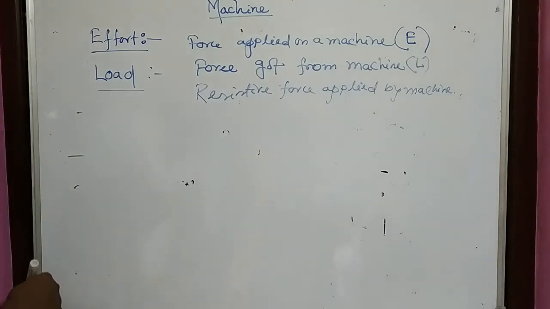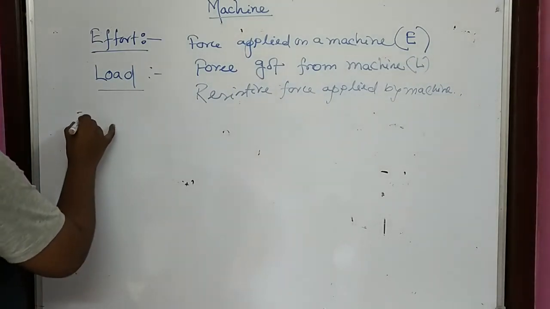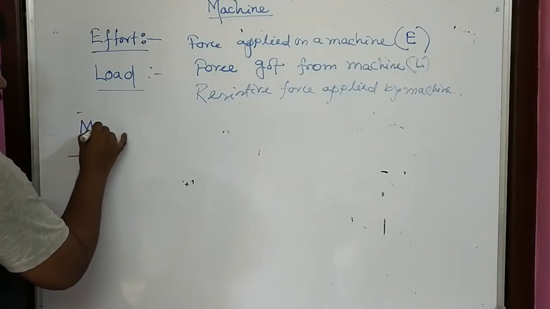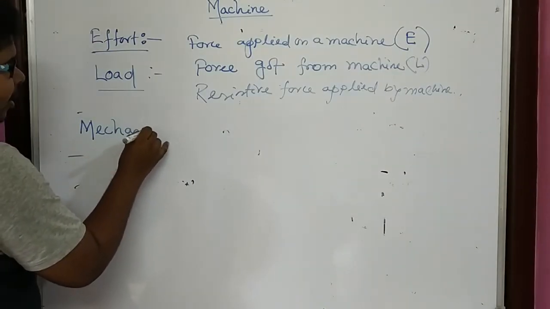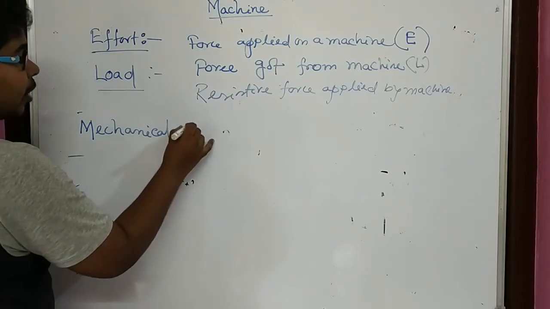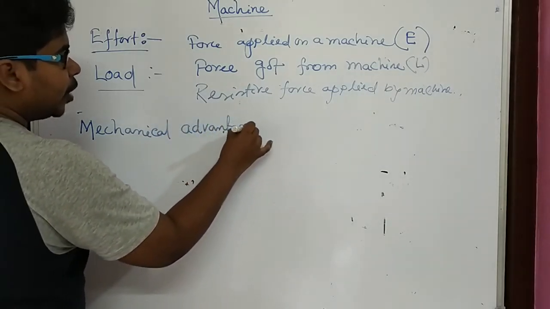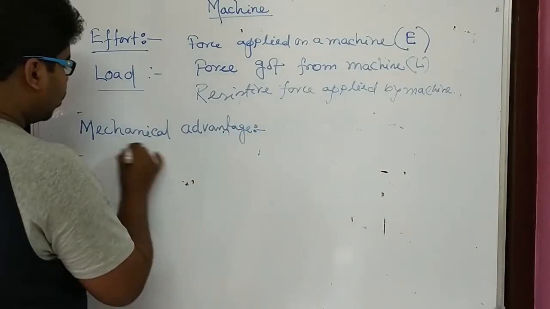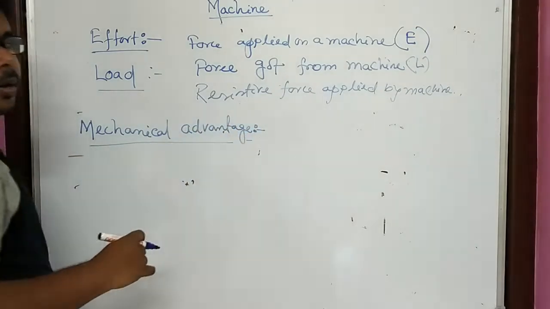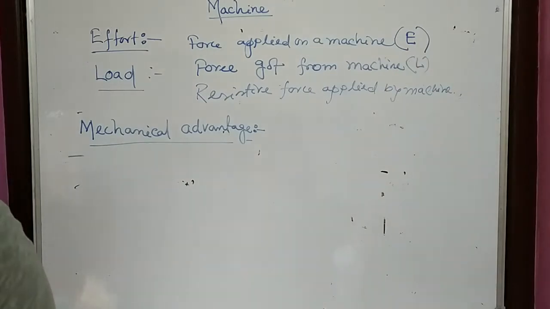Now we can find one more thing from here, that is mechanical advantage. Mechanical advantage is a property of a machine. If we can find it out, we can understand the usability, or the capacity of a machine, and how it can be used.